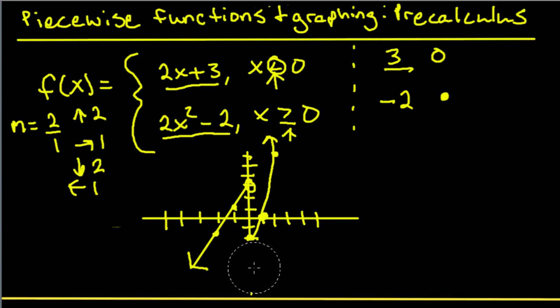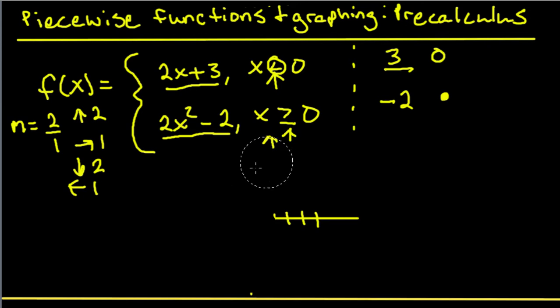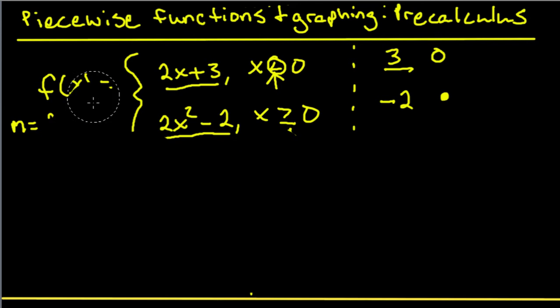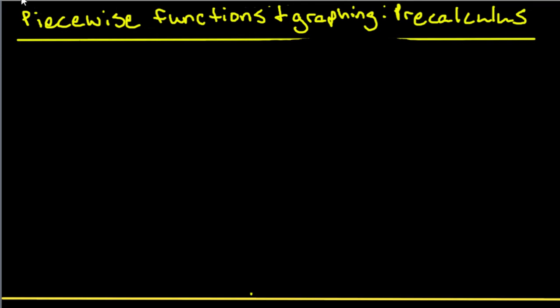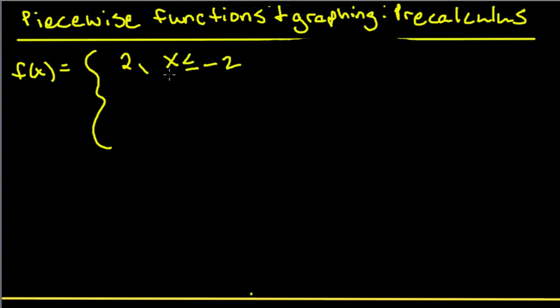So let's look at a little bit more complicated example. Okay. Let's say we have f of x is equal to the set of functions, and we're going to have 2 when x is less than or equal to negative 2.